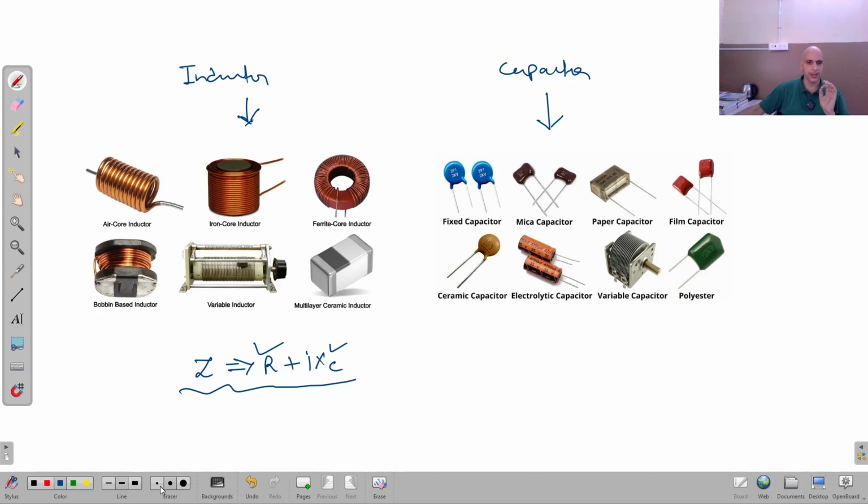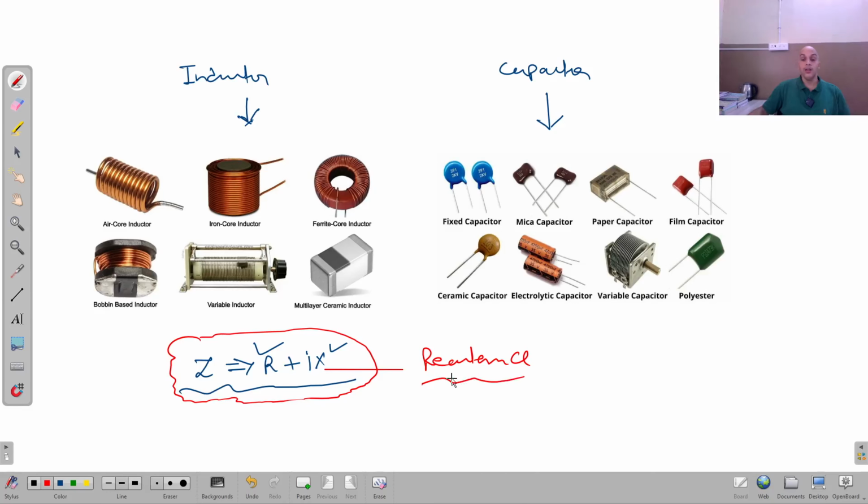Instead of Xc, I will write a simple X, that will be more clear. Now, this is the impedance of any material for the flow of electric current or any electric signal. R is the real part, X is the imaginary part. We call X the reactance, right?